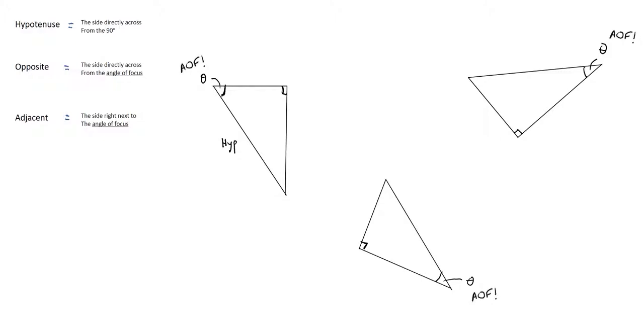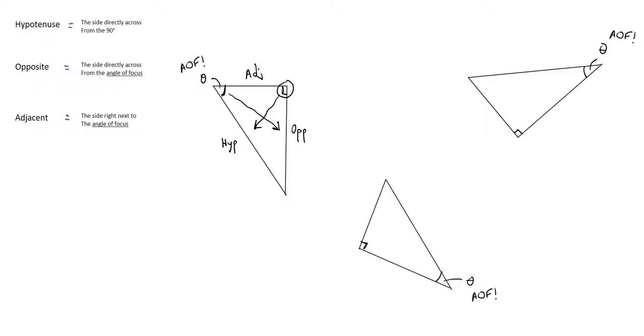Again, remember, the one that's always directly across from my 90-degree angle. This side right here is my adjacent, the one right next to the angle of focus. And this one's my opposite, the one directly across from my angle of focus.